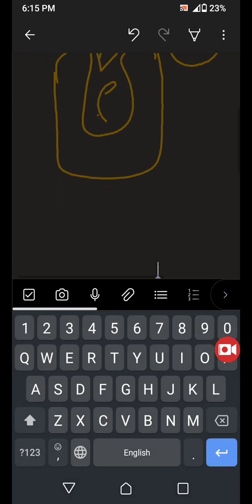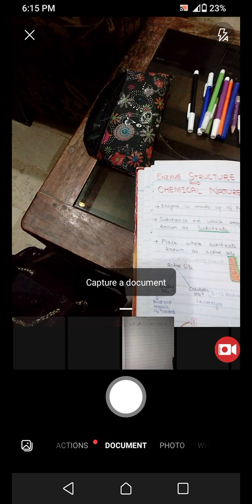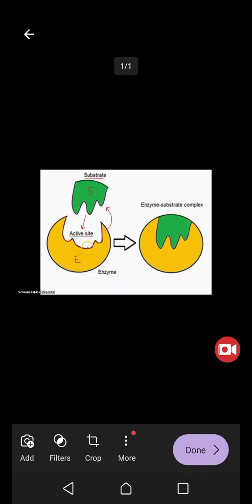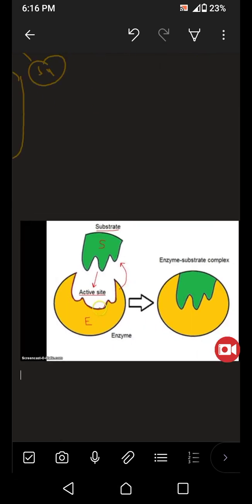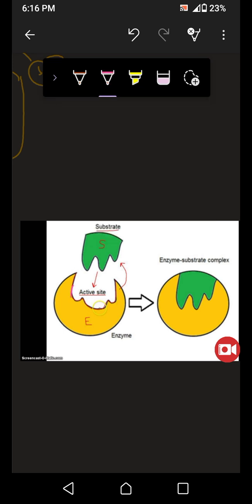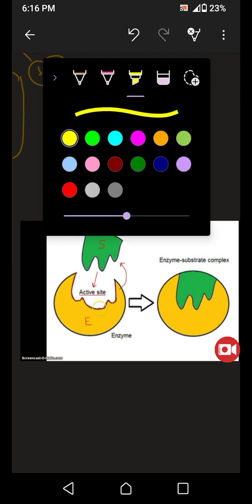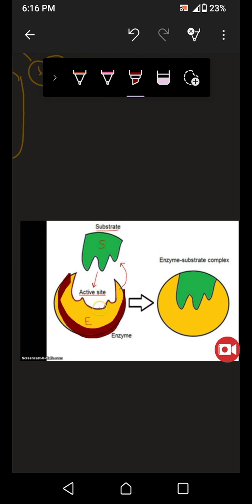Okay, let me just attach a picture. So this is the enzyme, and this is the active site. This is the enzyme, and the place where the substrate attaches is known as the active site, and this one is the substrate.